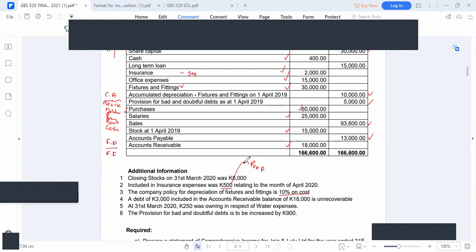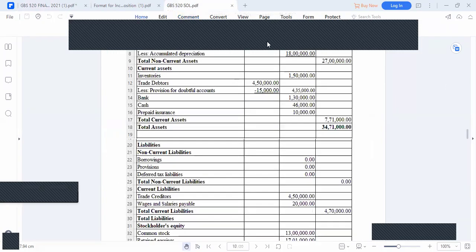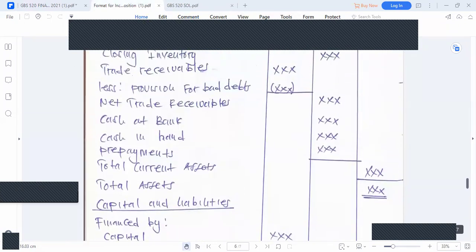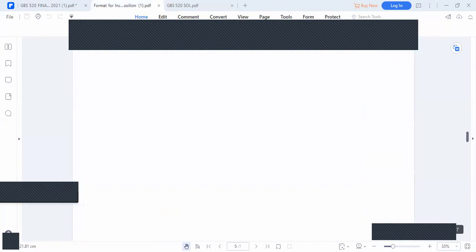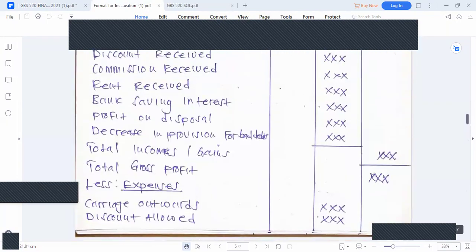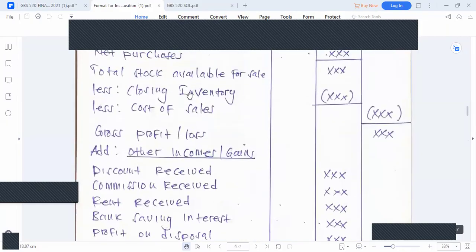Number two, the closing stock will appear here as our closing inventory. It will also appear here as closing inventory. That is our obvious adjustment.